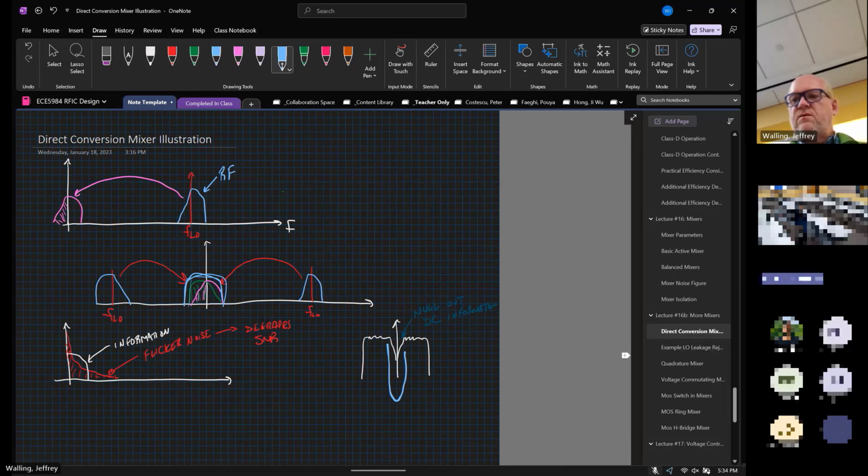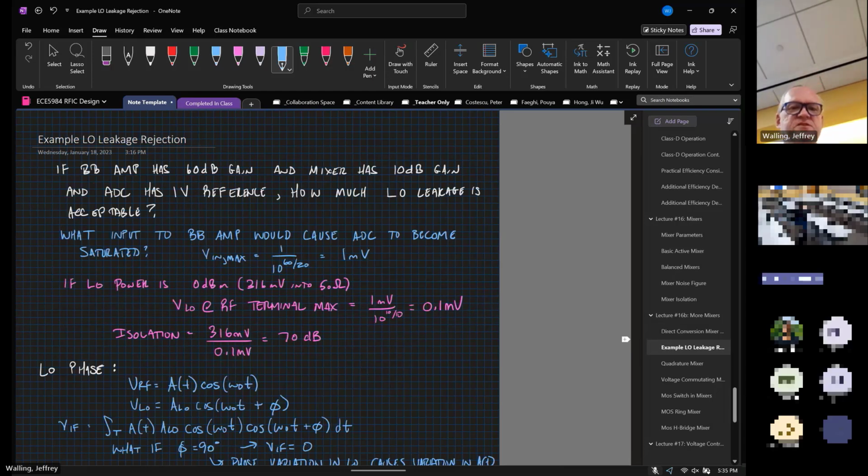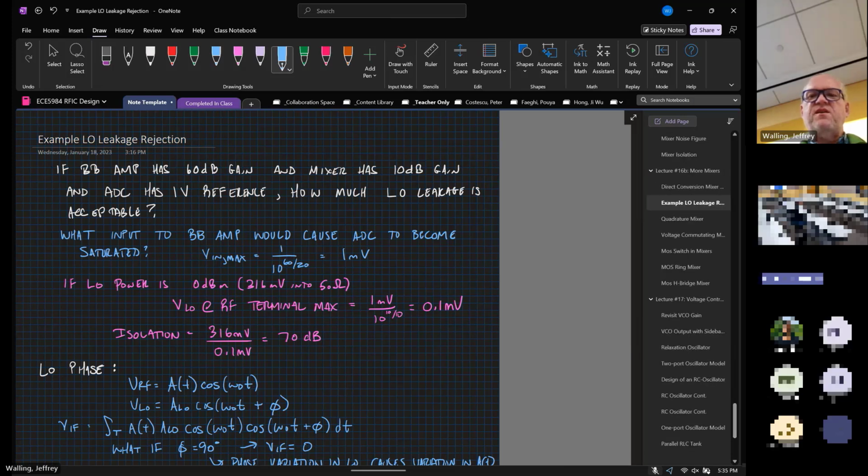Okay, so ultimately, one other challenge with the direct conversion mixer is that we also have to reject the LO, because the LO is sitting maybe centered directly on information as well, and we don't want to down convert the LO to baseband. So I have just a basic calculation that you can follow here to figure out what kind of LO leakage rejection your mixer might need.